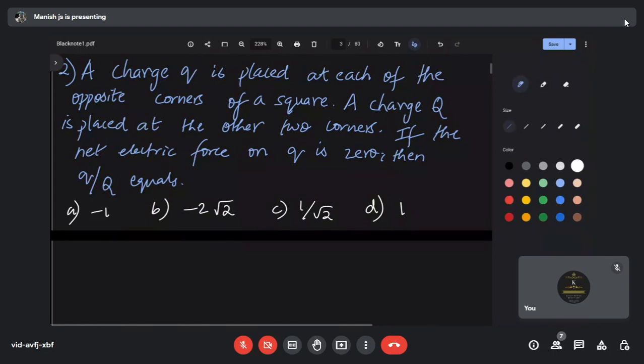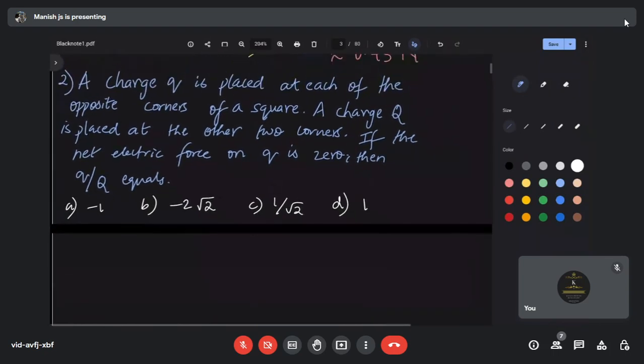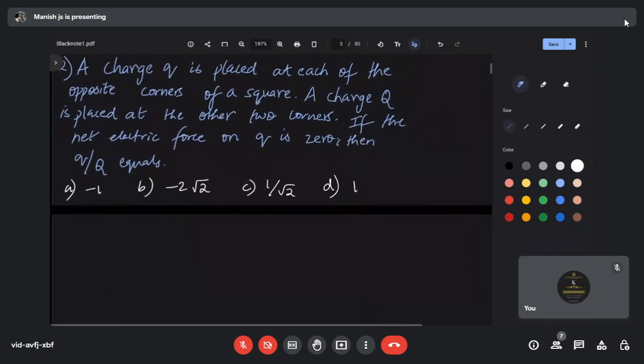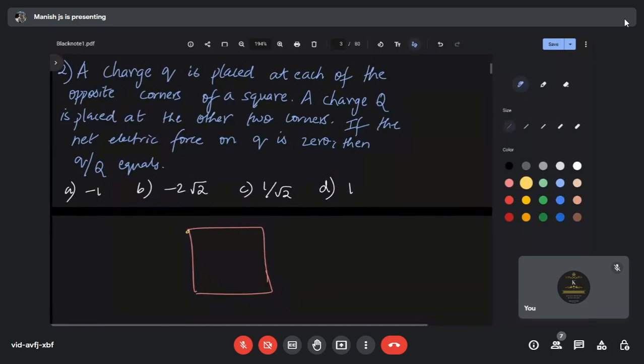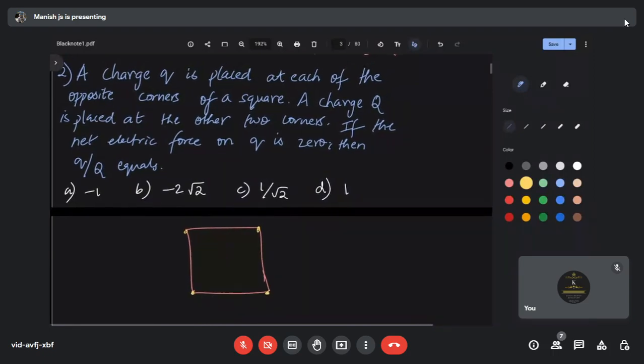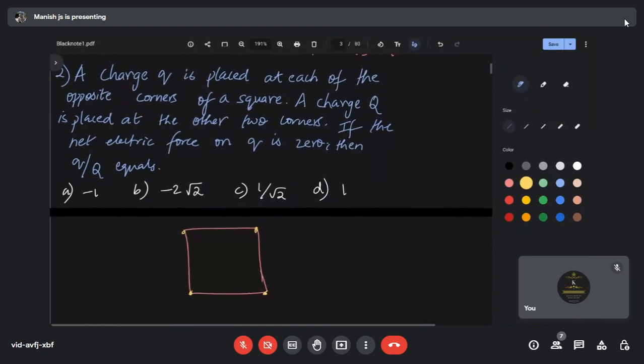So were you able to illustrate it? Yes, sir. Okay, how did you get the diagram? We can take a square. What do we have at the corners? Which charge, capital Q or small q? You have two different aspects.